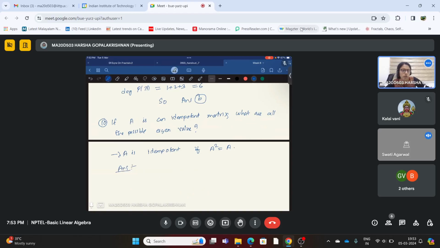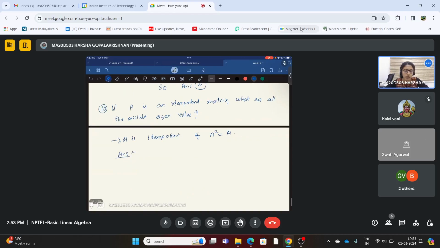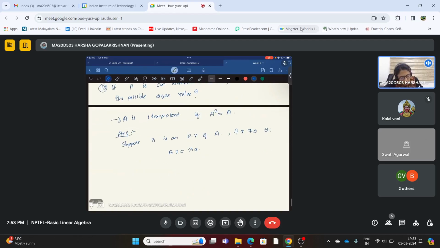Okay, so any idea? Suppose lambda is an eigenvalue of A, then we can say there exists a non-zero x such that Ax equal to lambda x. Okay, now what is A square x?